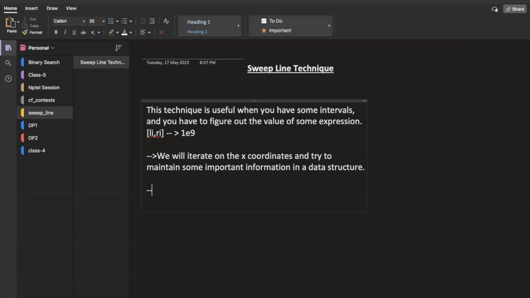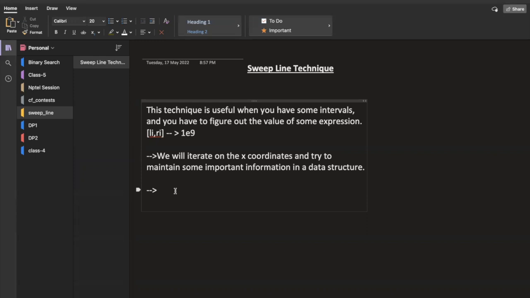Now, what are these relevant values? Let's say we have n intervals and each interval starts at the point li and ends at the point ri. If we put all these 2n points, the li and ri values of all the intervals, in a vector and sort it, then we notice that between any two consecutive points in our vector, nothing changes.